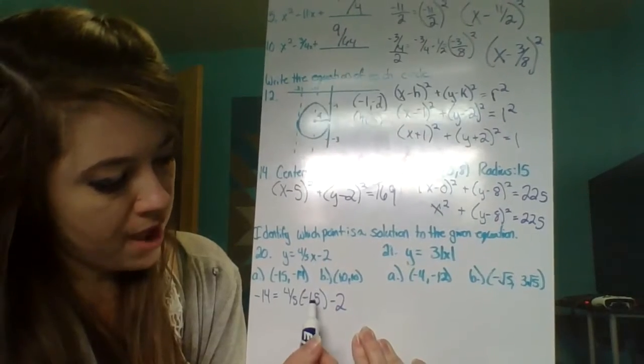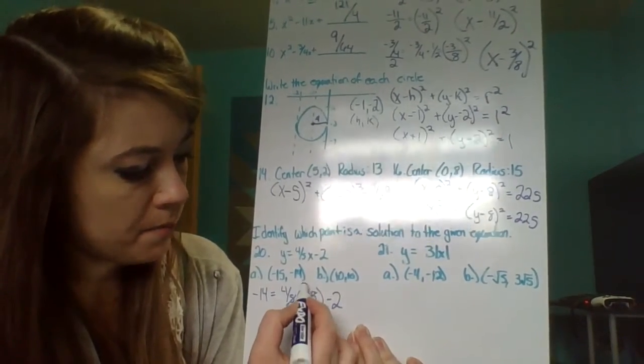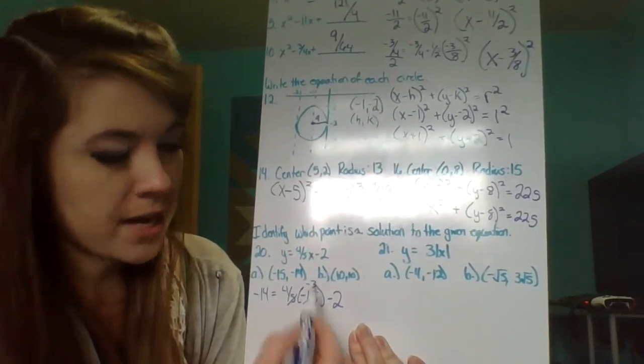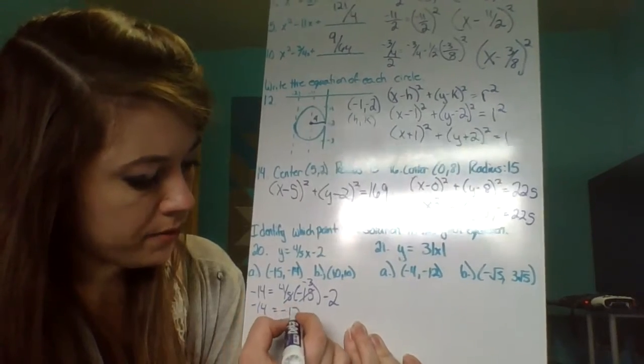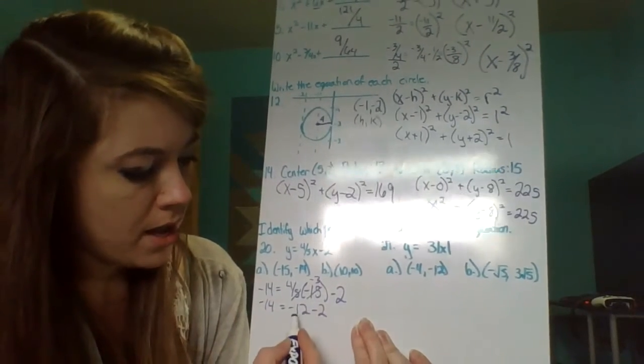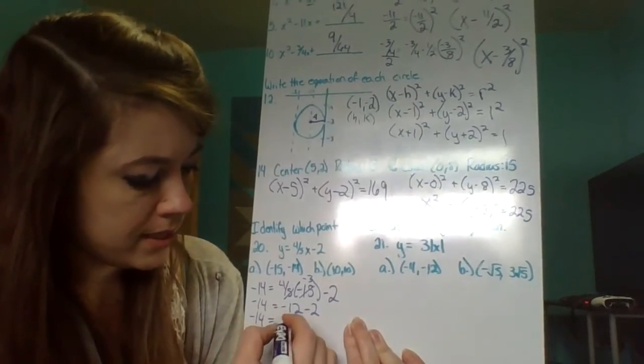Now, this 5 and this 15 can cancel out, so this 5 goes away entirely. The 15 becomes a negative 3. So 4 times negative 3 is negative 12. So we have negative 12 minus 2. Negative 12 minus 2 is negative 14.